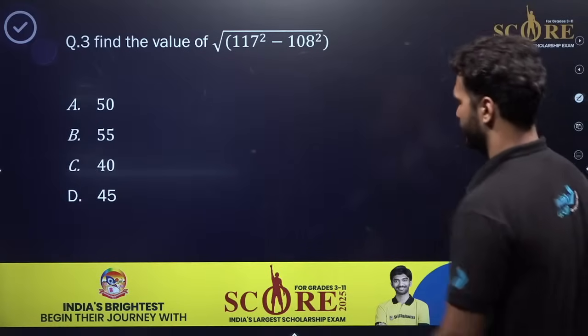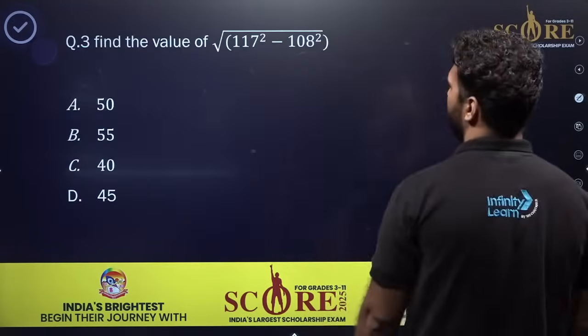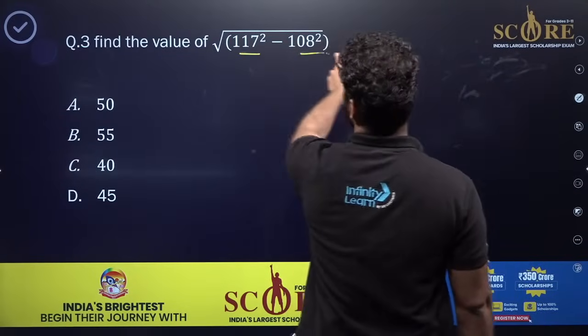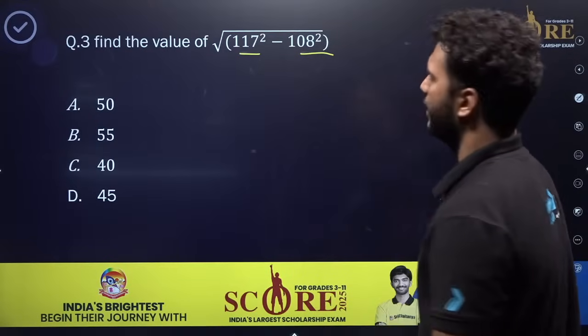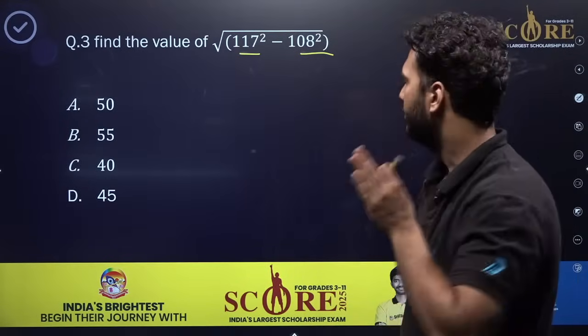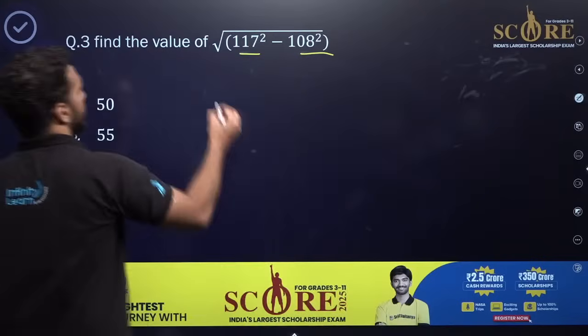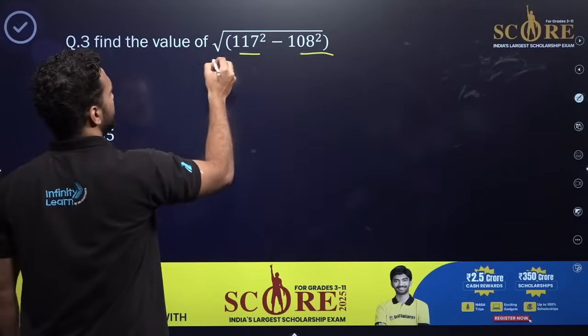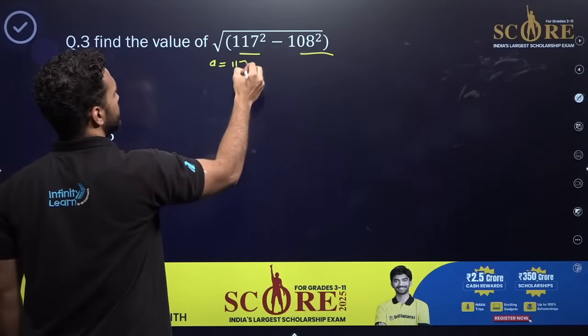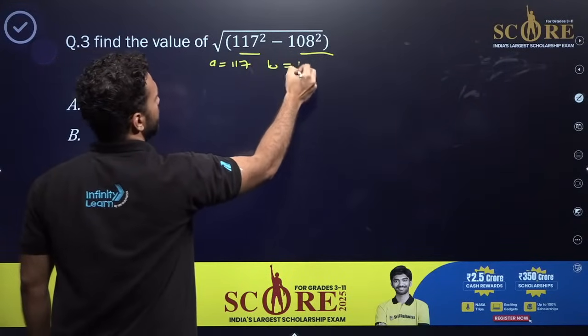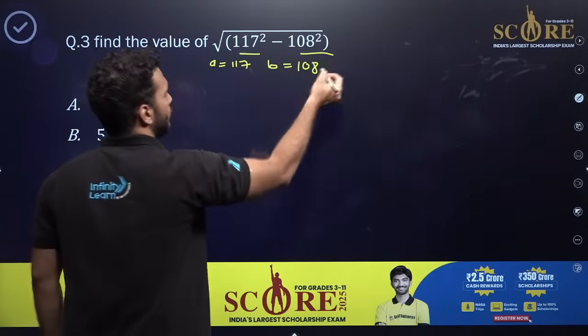Find the value of this. Again, see, we are getting a square minus b square, and we know the identity a plus b, a minus b. So can I write in this way? If I consider a is equal to 117 and b is equal to 108, then what do we have to find?